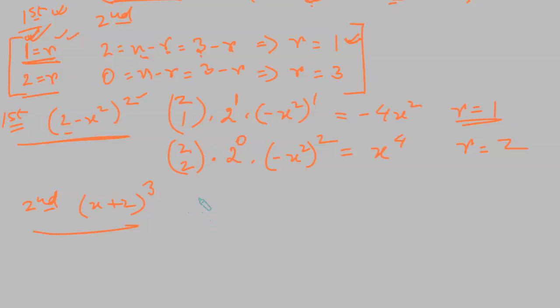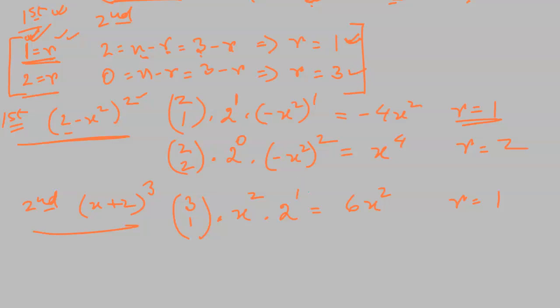So it will be 3C1, x to the power of 3 minus 1, which is equal to 2, and 2 to the power of 1. And what is 3C1 equal to? It is 3. 3 times 2 is 6. So it is 6x square. This is when r is equal to 1.